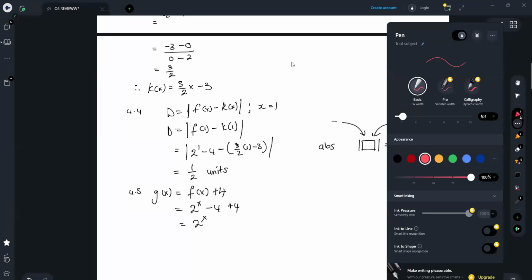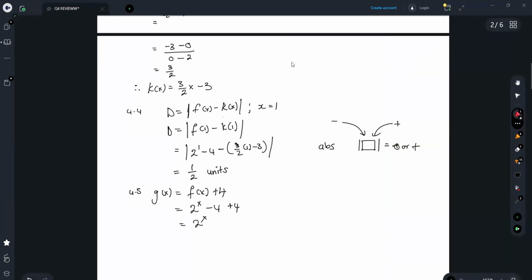Now, remember that f of x was subjected to some restrictions, right? Remember that f of x had its domain, the domain of f was what here? It started from -2 and ended at 4, but 4 was not included.